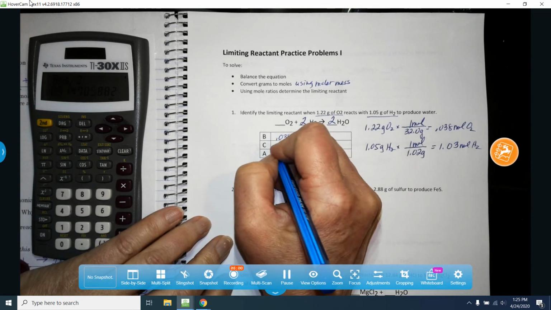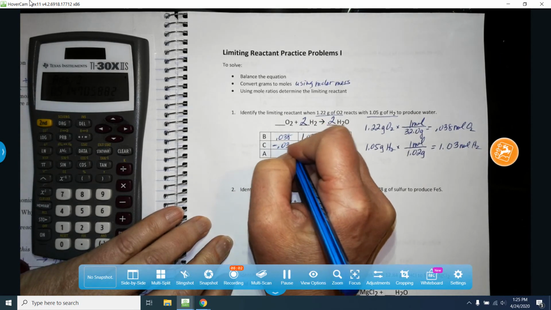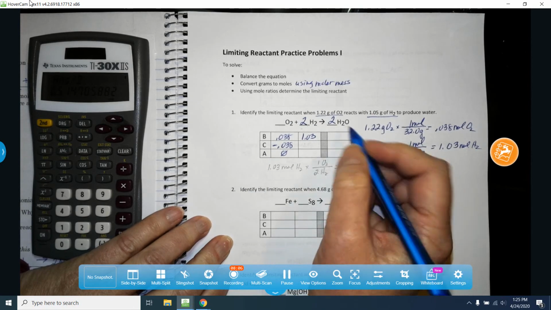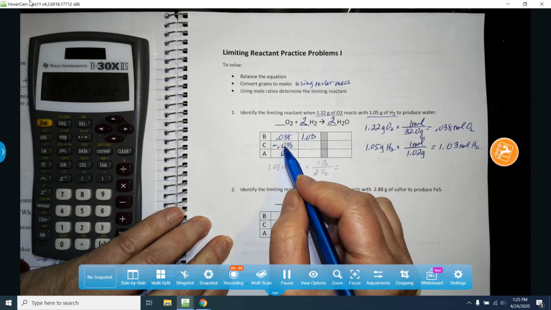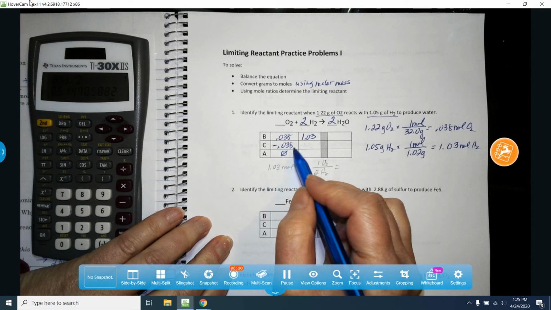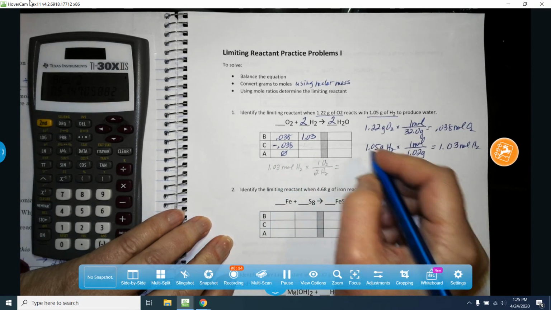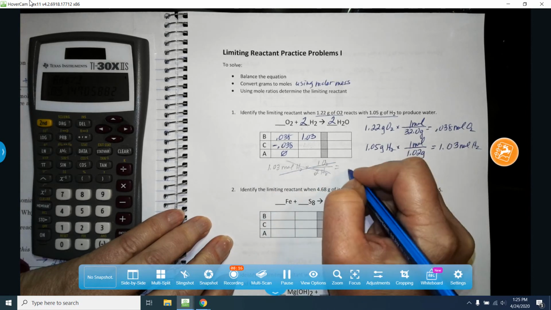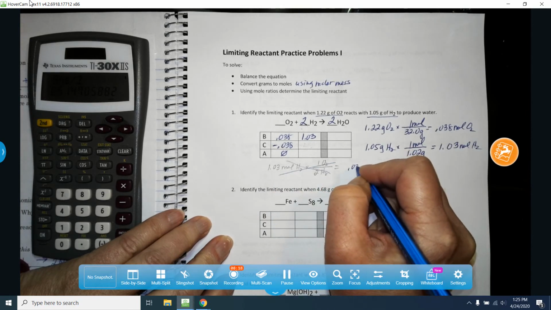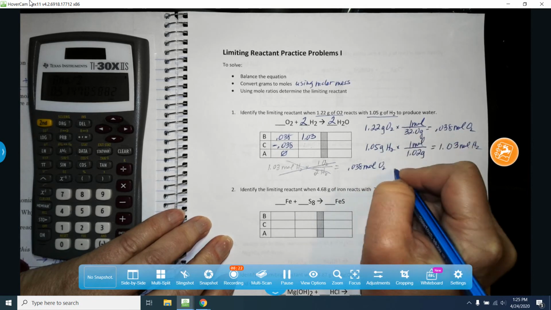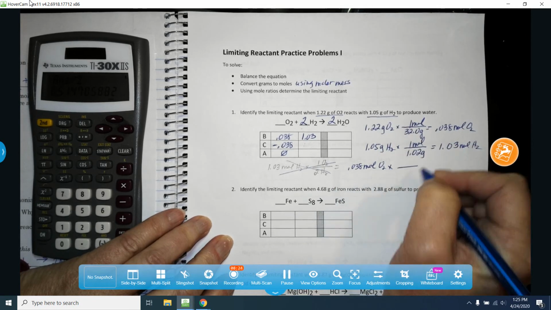So, therefore, this is what I'm going to use up, all of the oxygen. And now I'm going to use the mole ratio here, using this as my starting amount to figure out how much hydrogen I actually used up. Okay, so this didn't work. So I'm going to start with 0.038 moles of O2 and use my mole ratio.